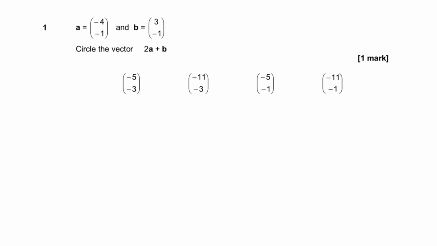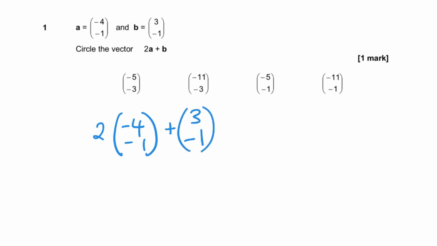So our first question says A is equal to the vector -4 -1 and B is equal to the vector 3 -1. Circle the vector that's equal to 2A plus B. So we need two lots of vector A, which is -4 -1, added together with one lot of vector B, which is 3 -1.